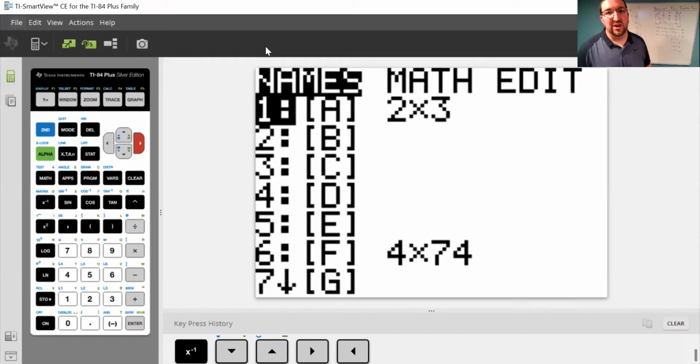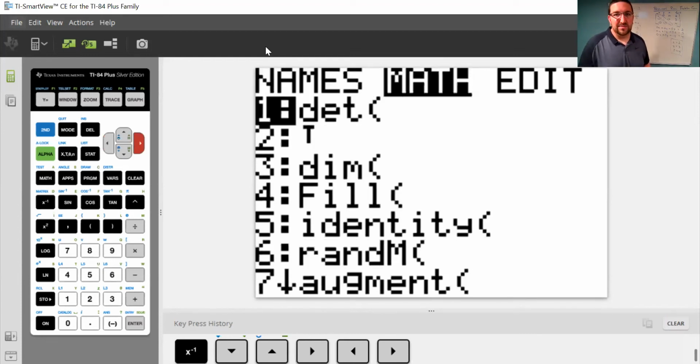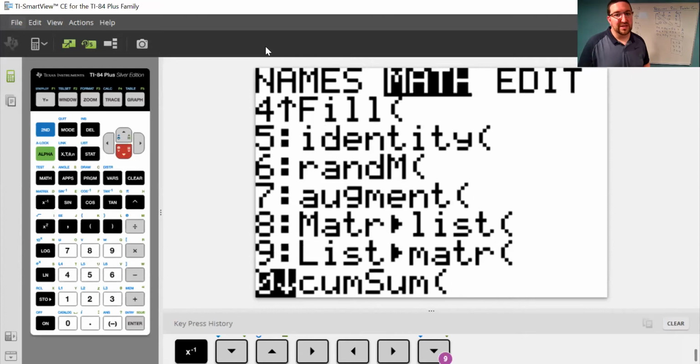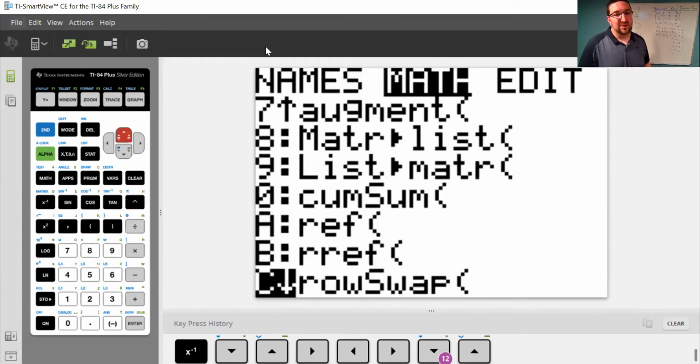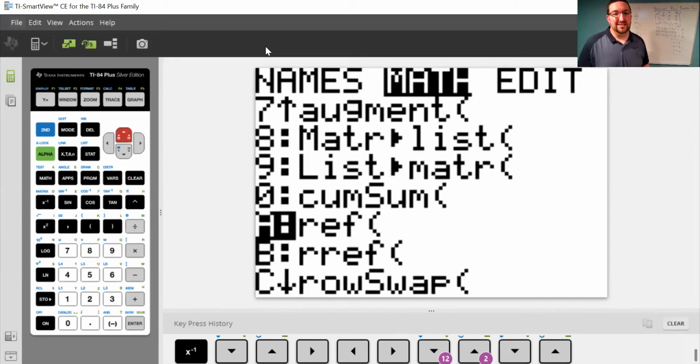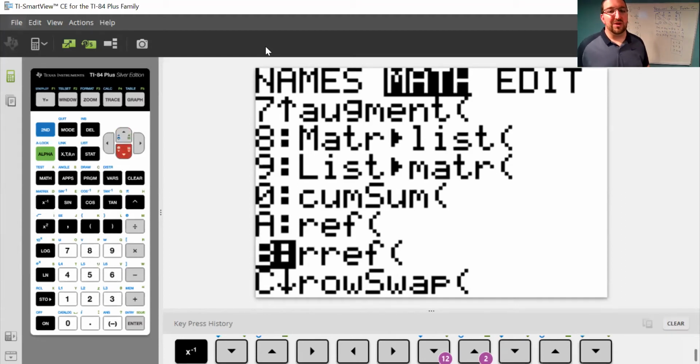So if we arrow right to our math column and go all the way down, there's a bunch of stuff here that we can do. We're going to be looking at some of them in other sections. But if we go down to A and B, A is just row echelon form. We want to look at B, RREF, reduced row echelon form.